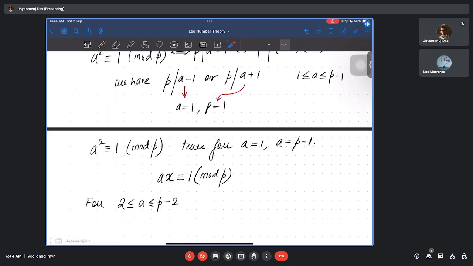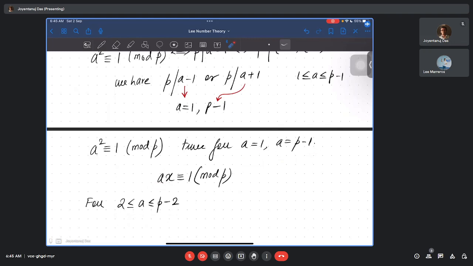That's why we separated these two cases. Now we are looking at the range between 2 and p minus 2, where there are no more such cases where x will be equal to a.